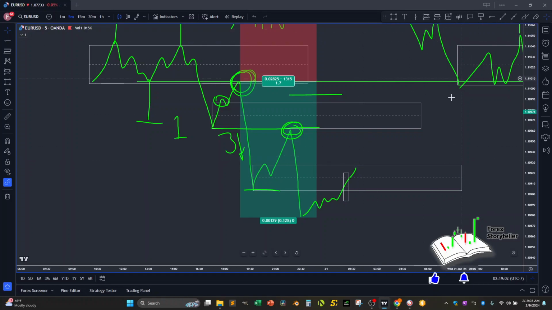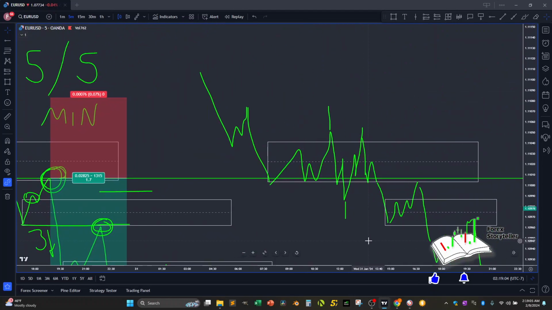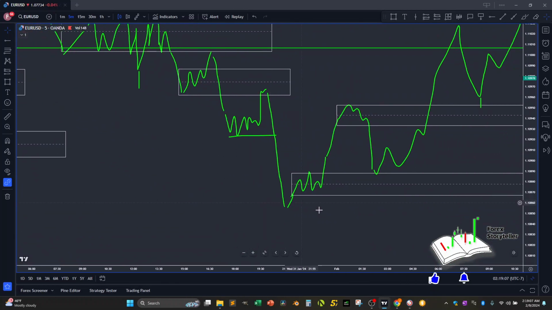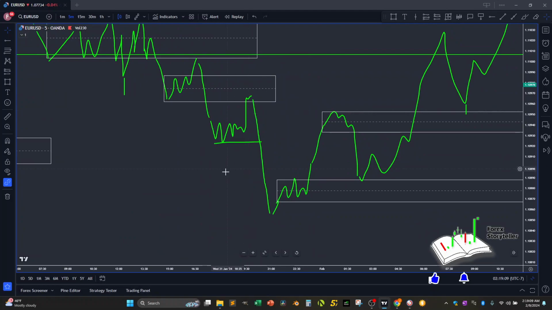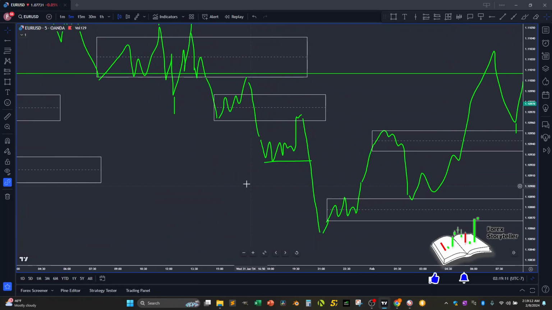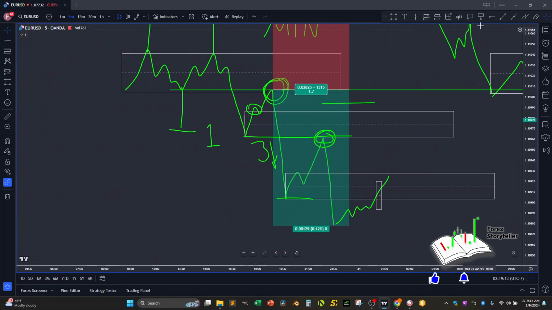And oftentimes in this situation, you're going to see price. I set it up a little bit different. Sorry about that. Let's go ahead and continue from here. Basically, price will continue up, and it will usually carry on just past this last area, or at least past this zone here.